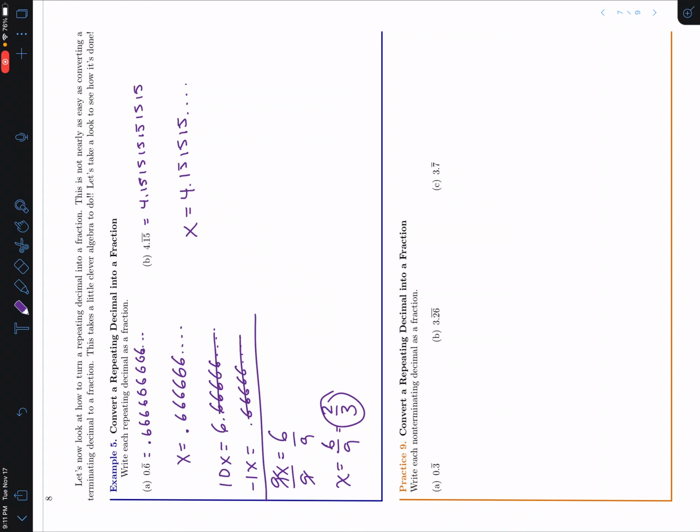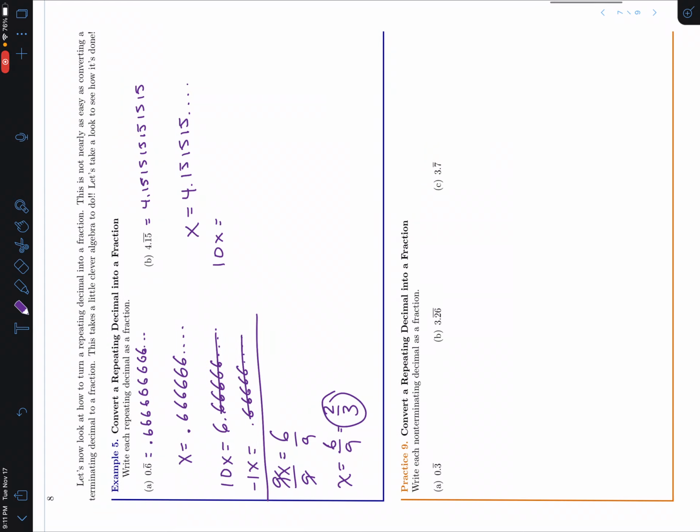Now in this case, what if we tried to do the same trick? What if I said, okay, let's multiply both sides by 10 and see what happens. If I multiply this by 10, it's just going to move the decimal place one to the right.